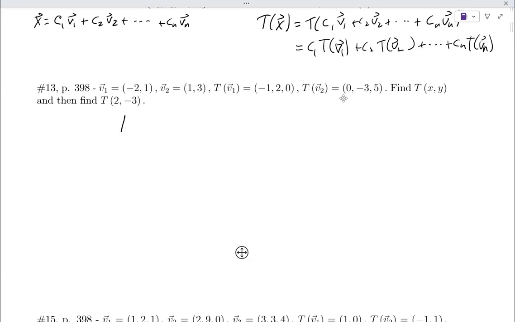So you're telling me that if I did A times (-2, 1), I should get the output vector like that. We should write it the other way. This way. And then A times (1, 3). I should write them vertically since I'm writing matrices here.